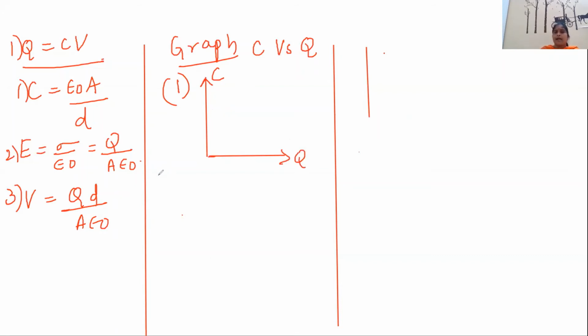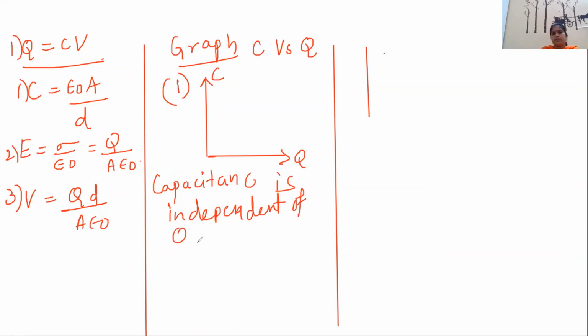We studied that capacitance is independent of charge. So capacitance C is independent of charge, and it will be a straight line parallel to the charge axis.